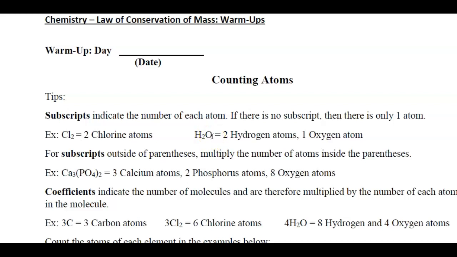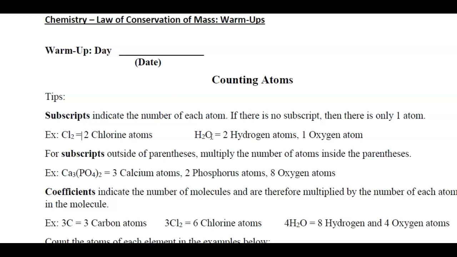Now, in chemistry, I told you guys at the beginning of the year, there's only one number we never write, and that number is 1. And so you have the oxygen right here, and there's no number behind it. If there's no number behind it, that means there's only one of that element. Okay? The 1 is understood in chemistry.